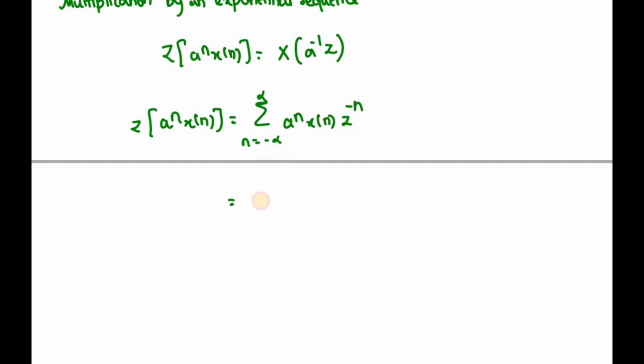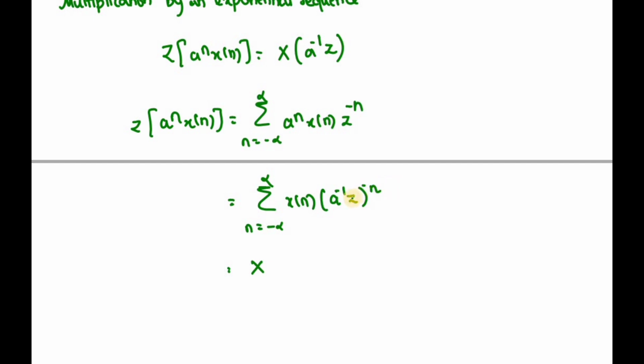So here I can write it as summation n equal to minus infinity to infinity x of n into a power minus 1 z, the whole power minus n.